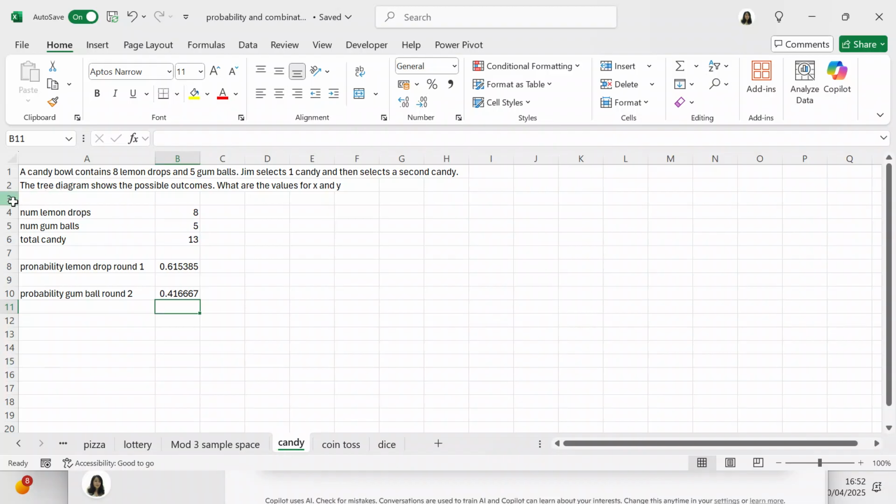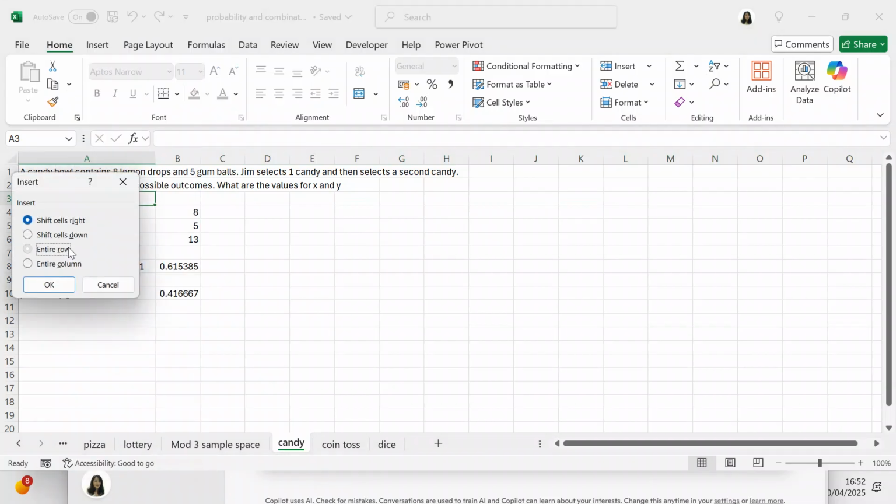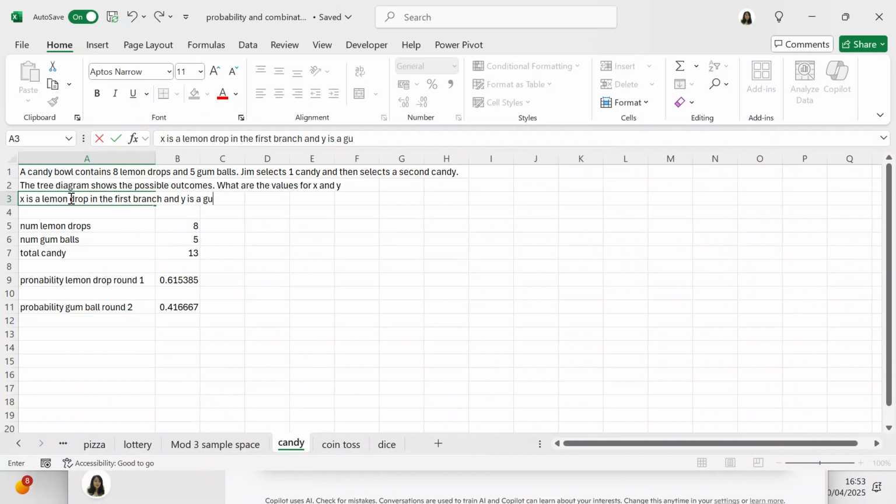So what I'll do here is we'll just say right here, X is a lemon drop in the first branch, and Y is a gumball in the second branch.